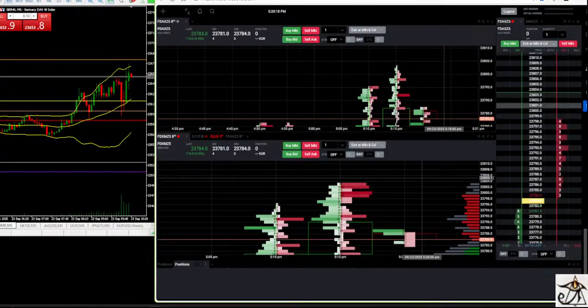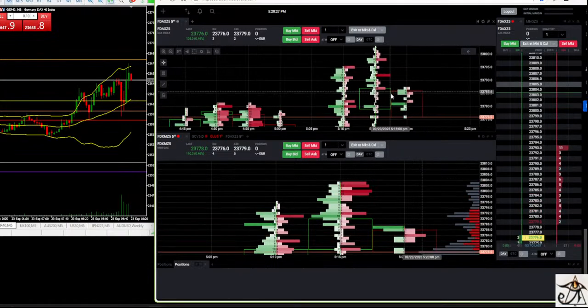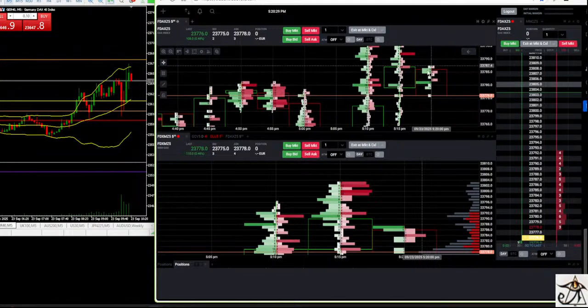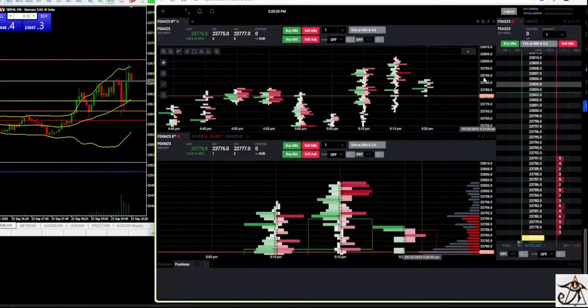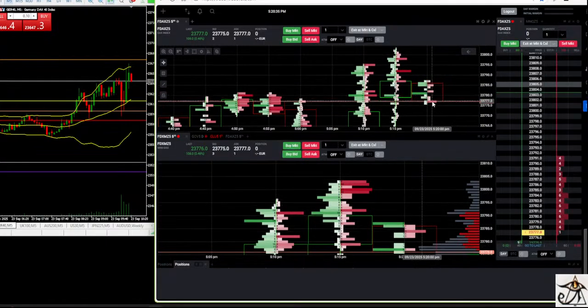On the CFD charts, this would be a point where I'd say, okay, look, this might be a time to sell. But because I've got access to this order flow, it is selling off, but it's not as convincing just at the moment.